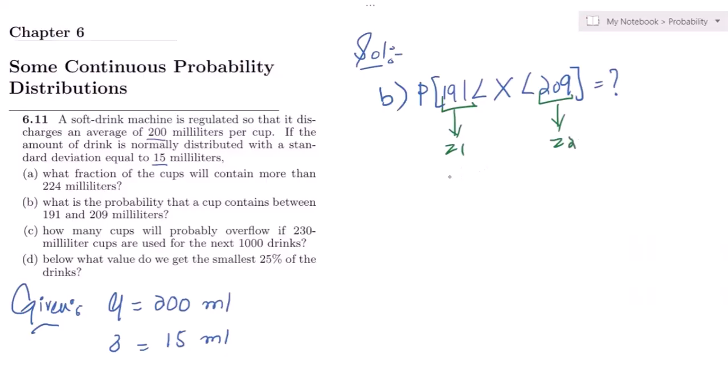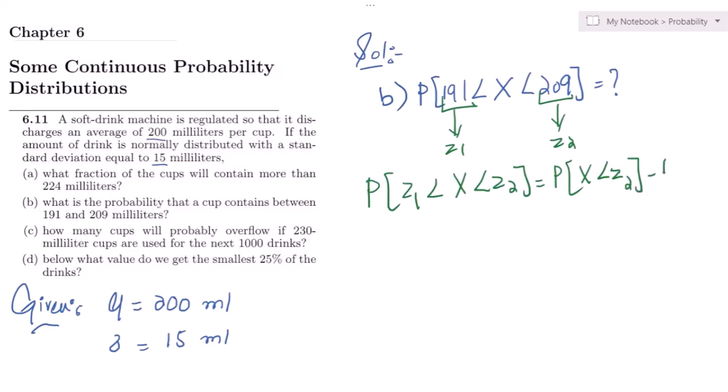Let me first find them, and then the probability that x is greater than z1 and less than z2 is the probability that x is less than z2 minus the probability that x is less than z1.